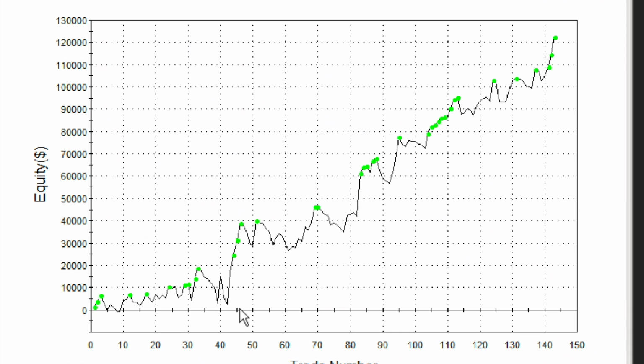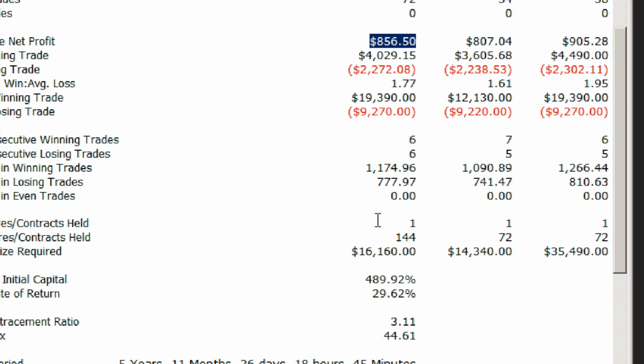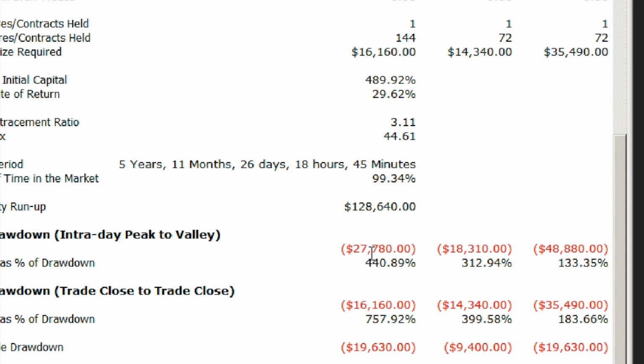Okay, I believe that probably reduced that a fair amount. This is what the new equity curve looks like. This is the performance report, 122K, 1.75 profit factor, $856 per trade, and our drawdown, yeah, is much better, 27,000.